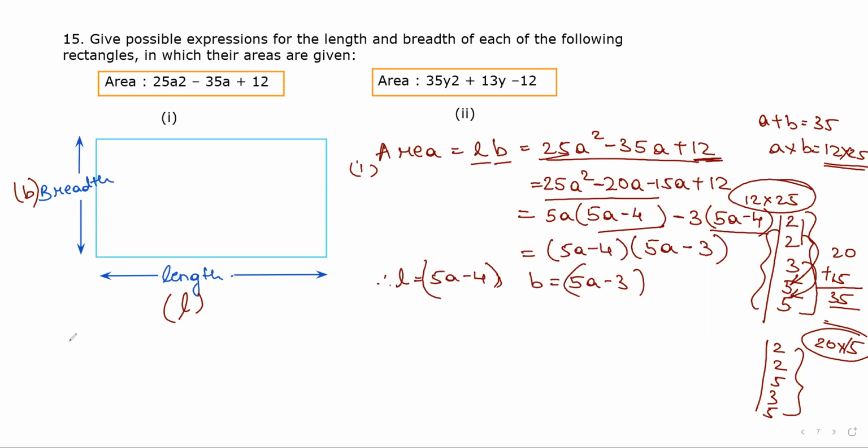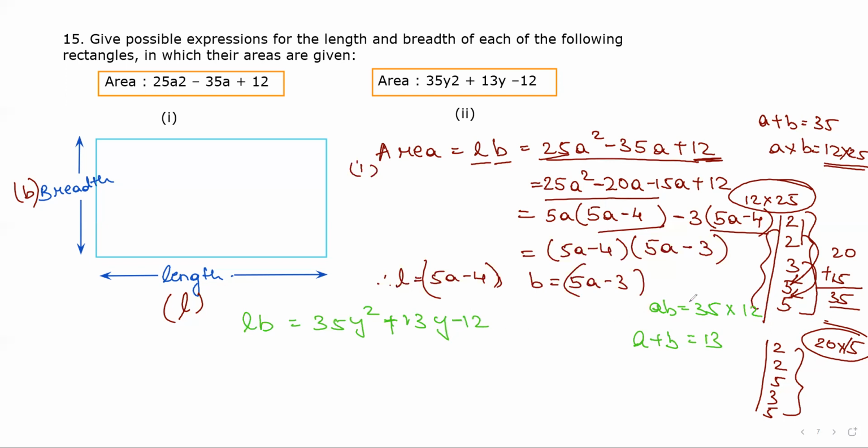The other one is breadth B, and your area LB is equals to 35y square plus 13y minus 12. 35, your A into B is 35 into 12. Your A plus B is equals to 13. This is positive, addition is positive, and here you have a negative sign.